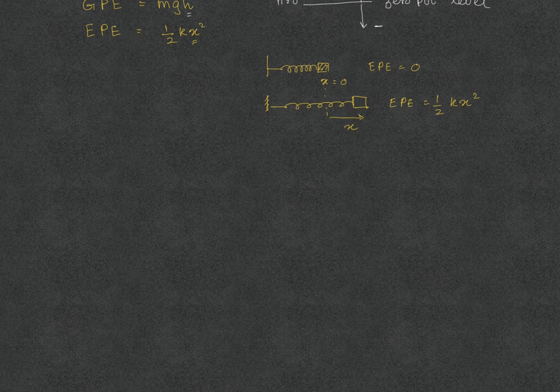Now after that we discussed the mechanical energy. Mechanical energy is the sum of kinetic energy and the potential energy. Now the potential energy has two forms. One is gravitational potential energy, and the other one is the elastic potential energy.